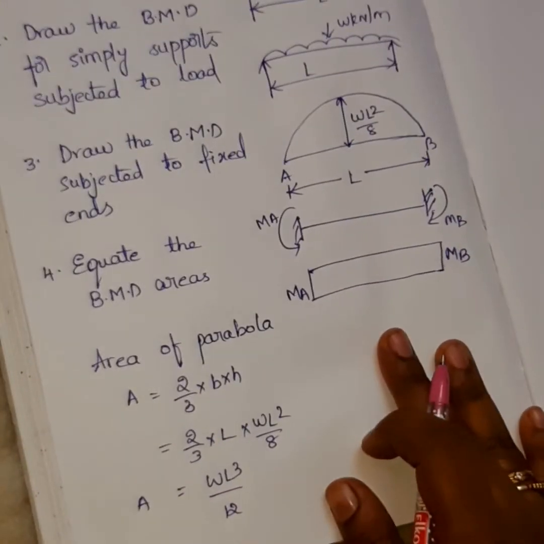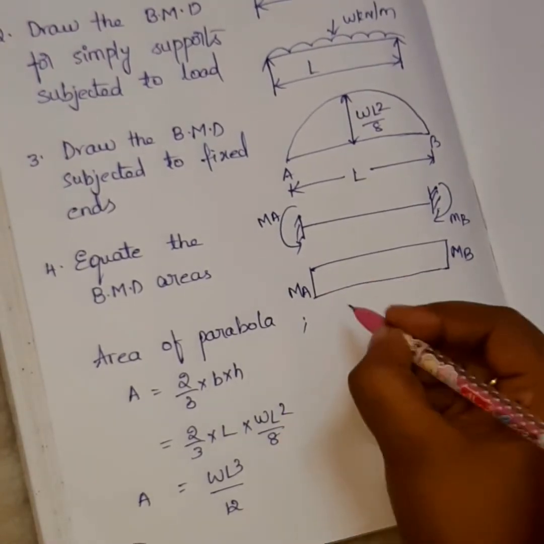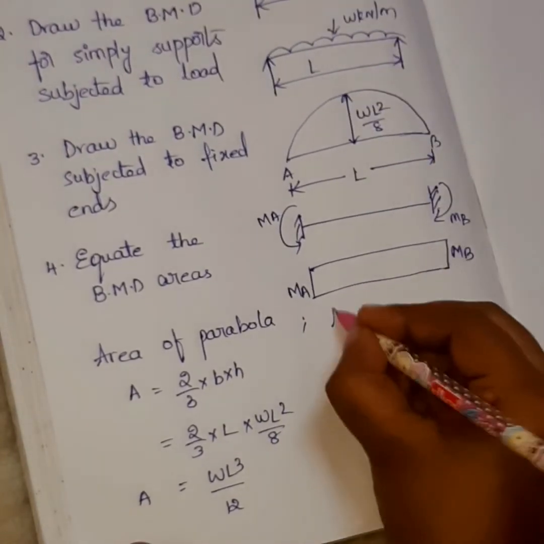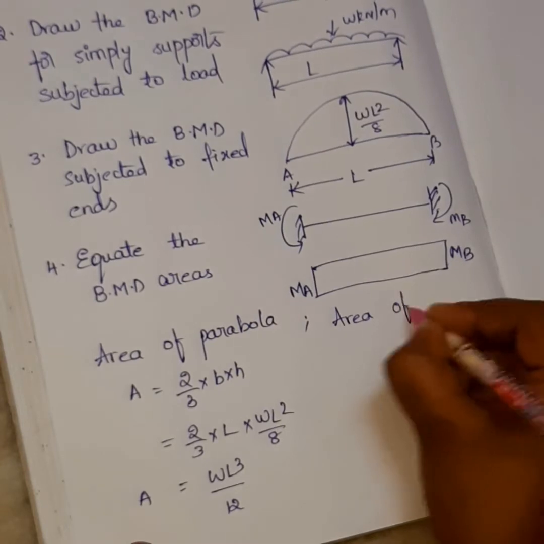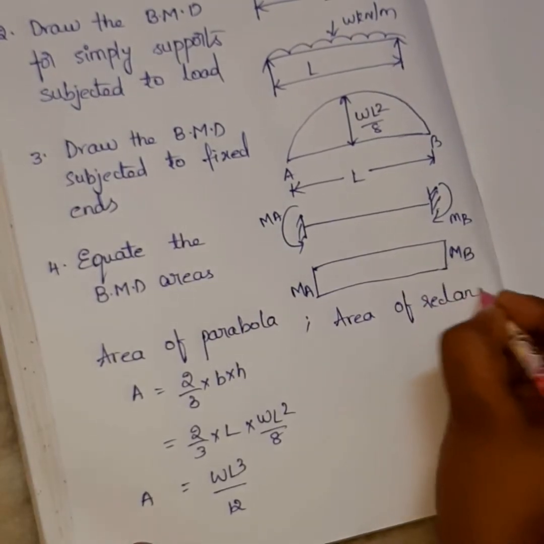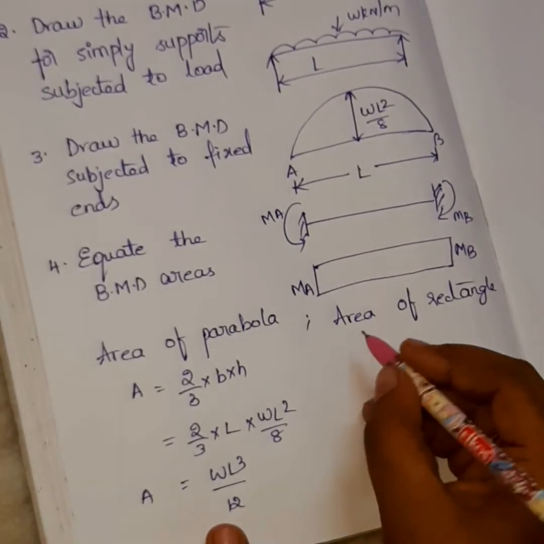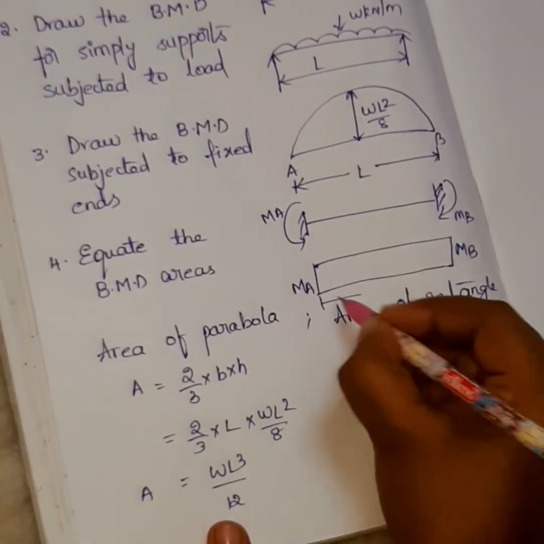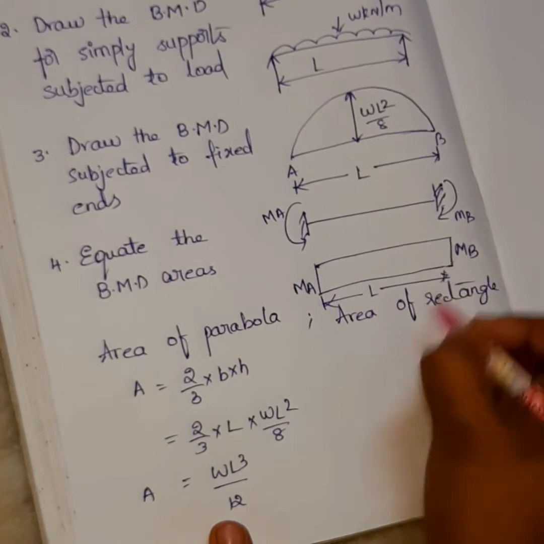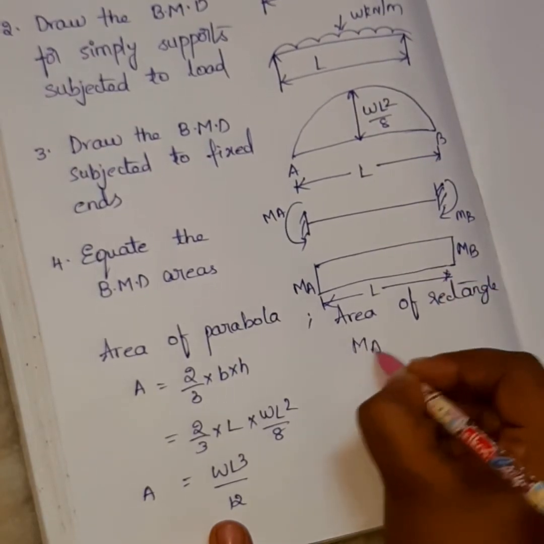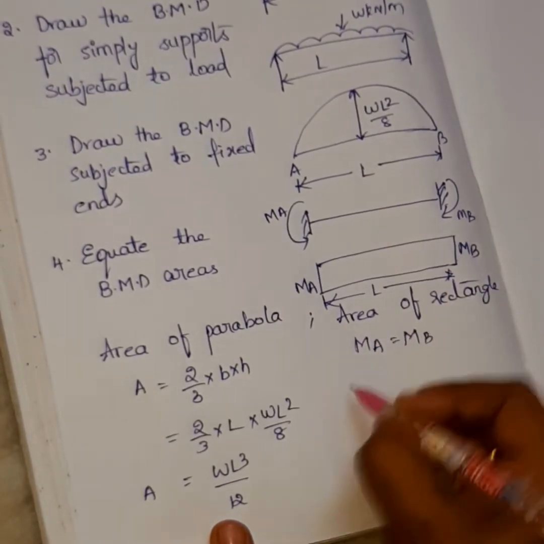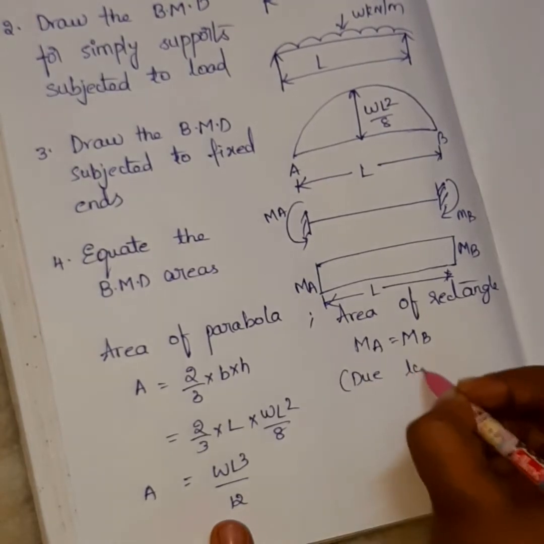Next, the area of the rectangle. What is the area of a rectangle? Base into height, so this is my length. Here MA is equal to MB due to the symmetrical section.